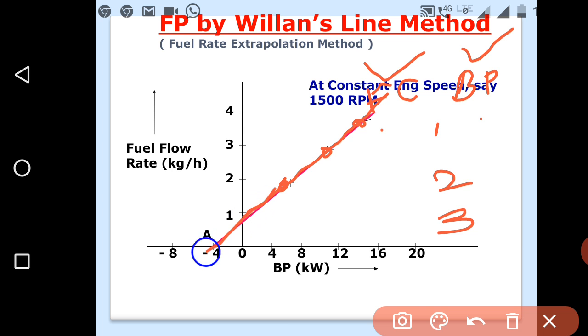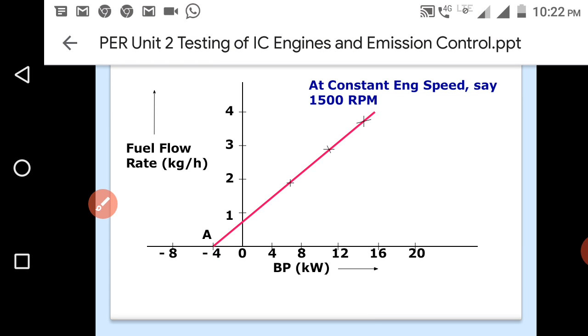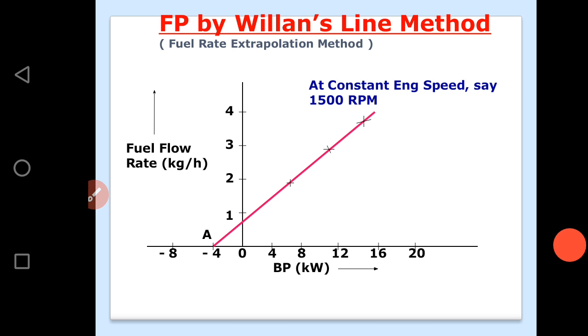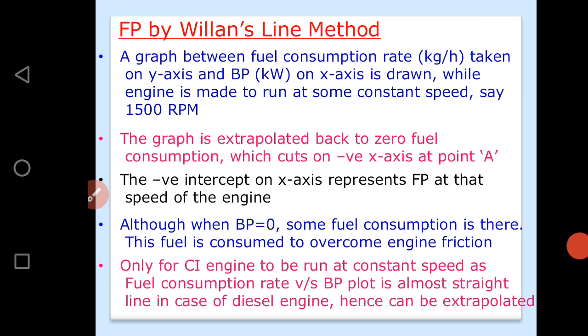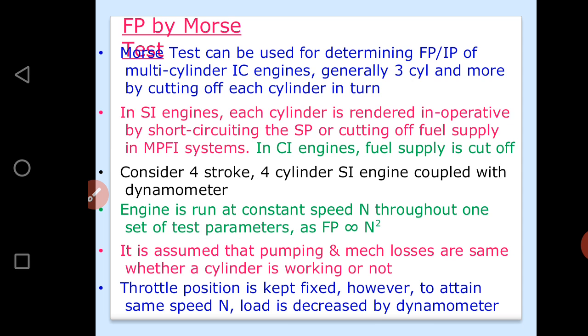This line will intercept the negative x-axis, and this negative intercept will give you the value of frictional power. If you get the frictional power, you can calculate the indicated power too. So this is the description given here.